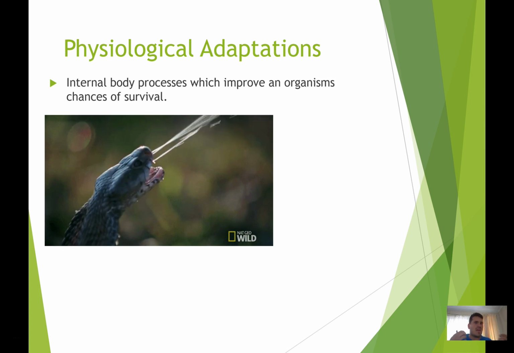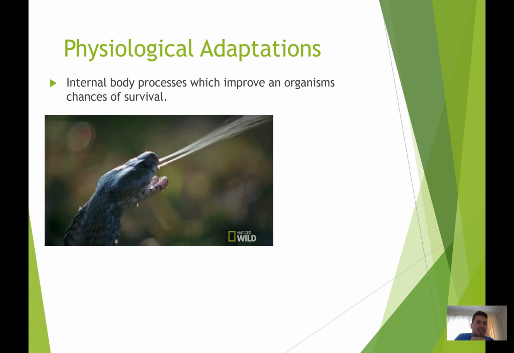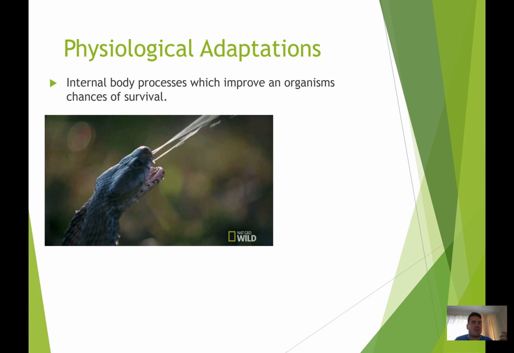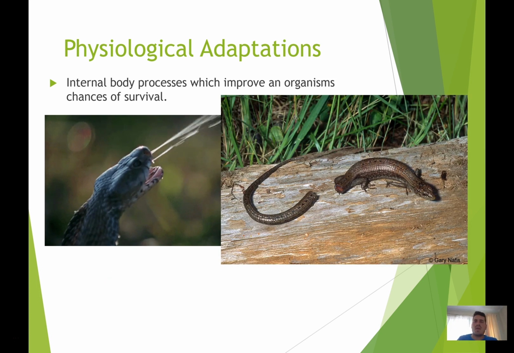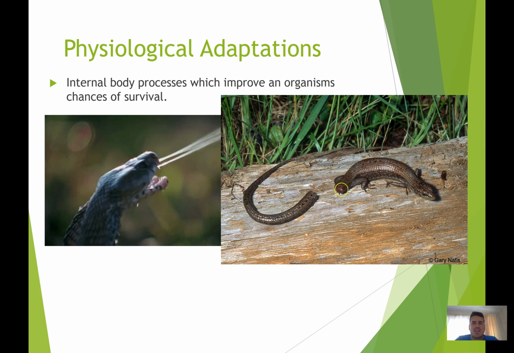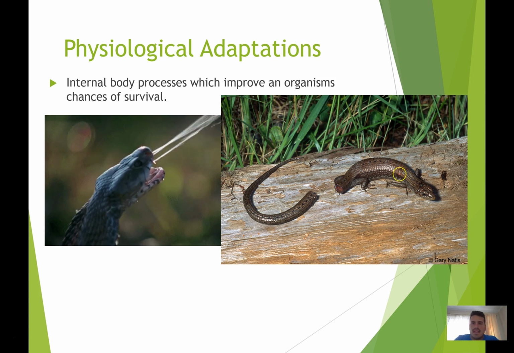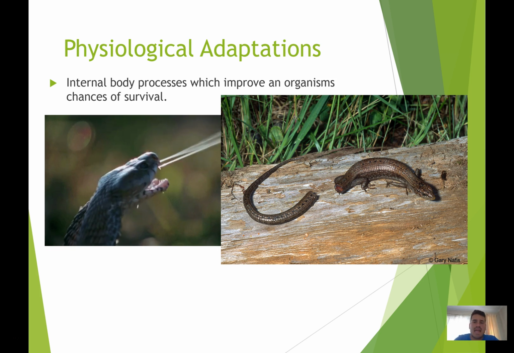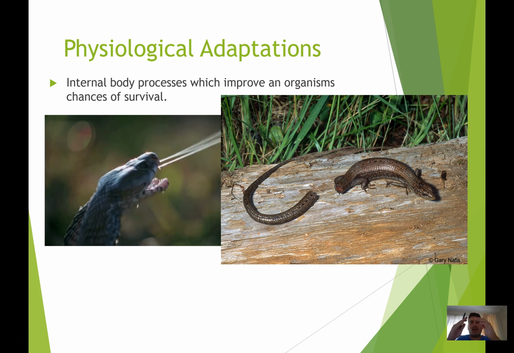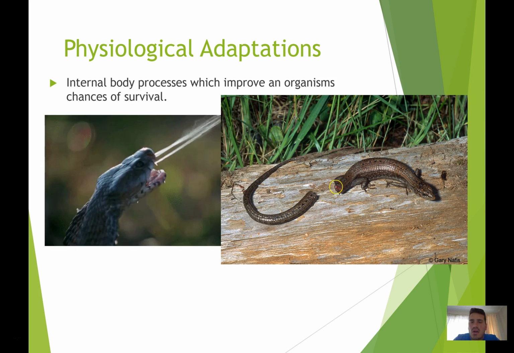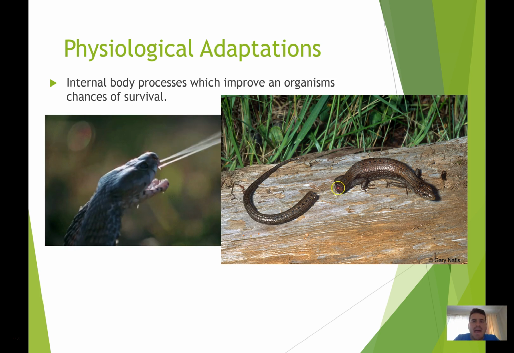The difference is that venom is injected, while a poison is secreted by an organism, but they're both physiological adaptations. Another is the skink: if a bird is trying to attack it, it can get rid of its tail, which wiggles around for a while, and later it will grow back a tail.